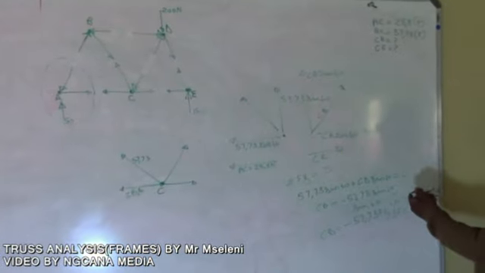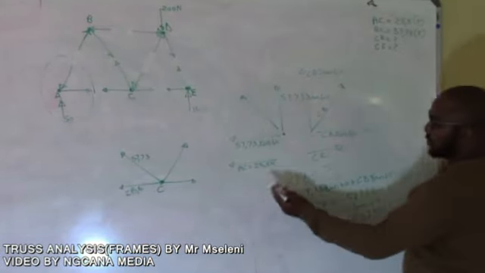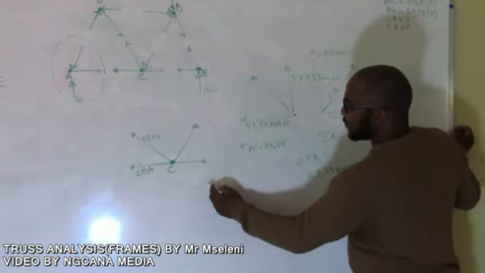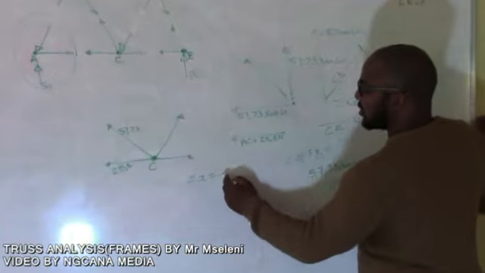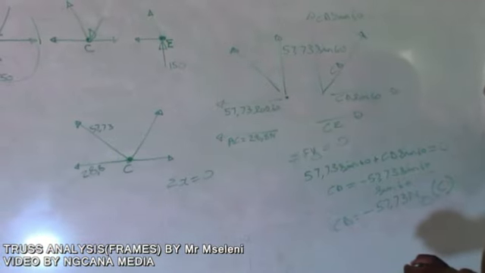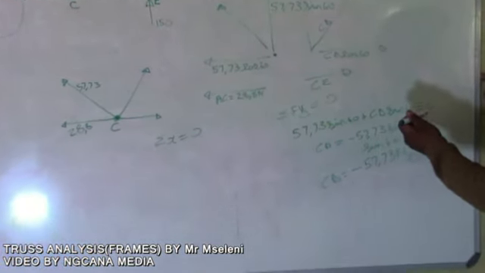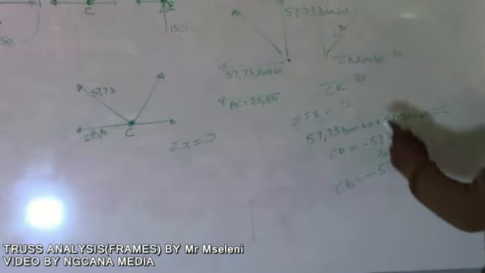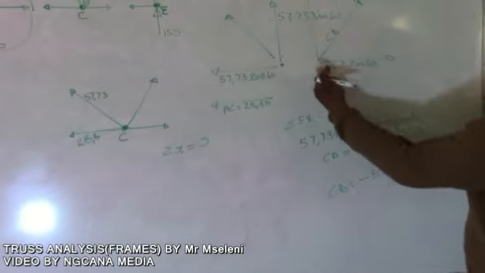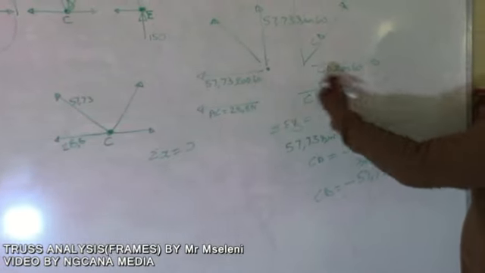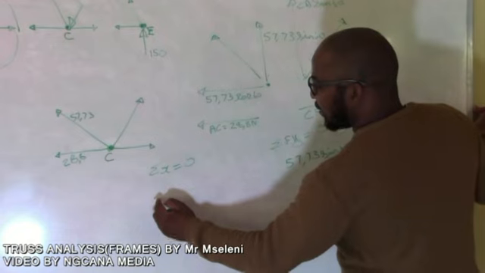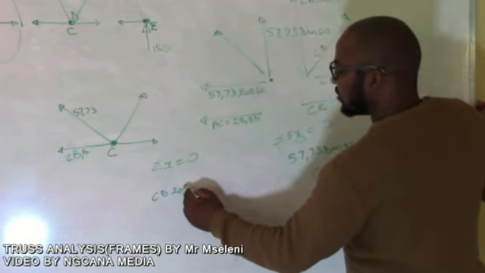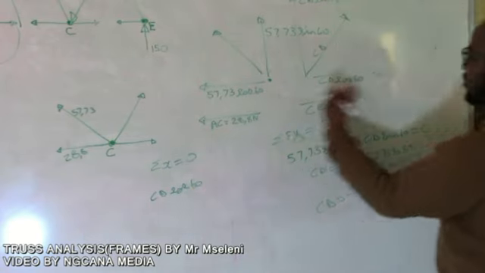Then you come and check on your X components, which is forces going to the left equals forces going to the right, meaning the sum of forces in the X direction equals 0. We treat forces going to the right as positive and the ones going to the left as negative. We've got our component of CD going to the right, so we have CD cos 60, going this way.